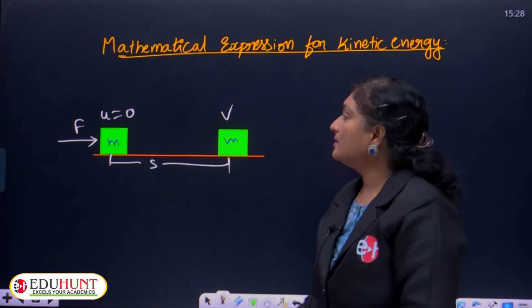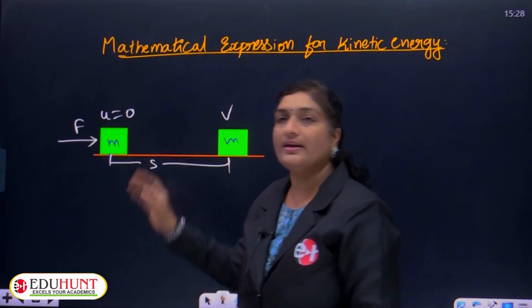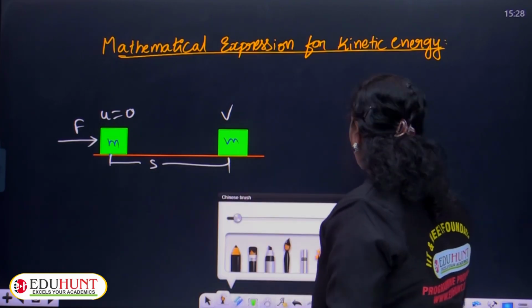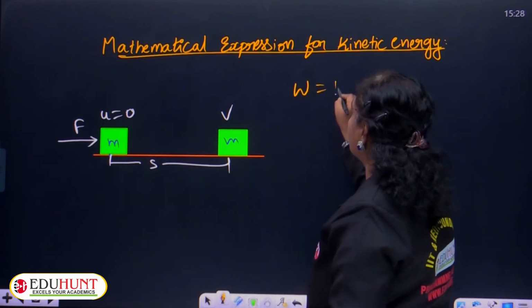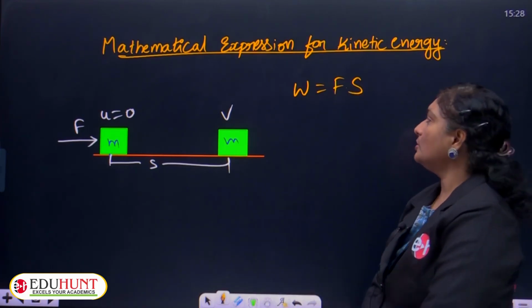As a force F is applied on the body, some work is done. The amount of work done in moving the body is W equals F times s. Work done is equal to force into displacement.